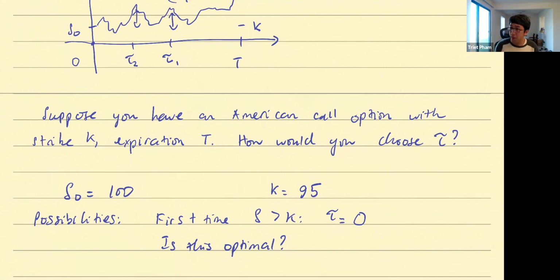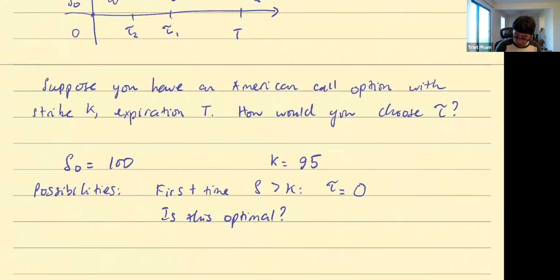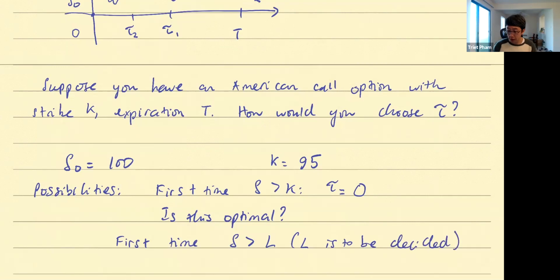Maybe a better one could be something like this. First time that S is bigger than L, where L is to be decided. I mean, you have to decide right now, right? But L is, let me say, suitably chosen.